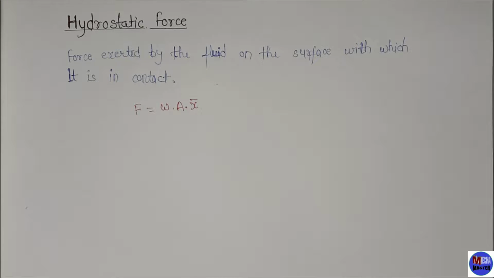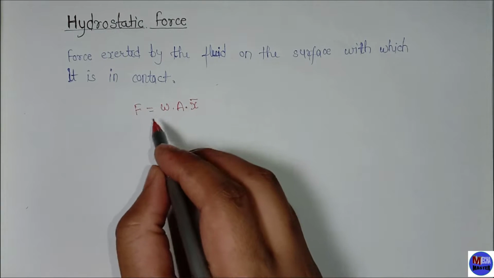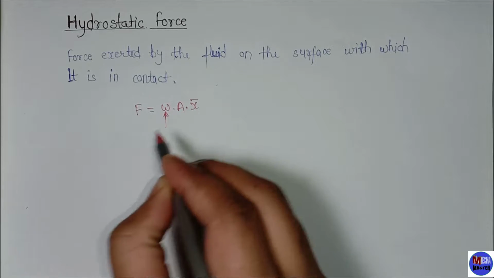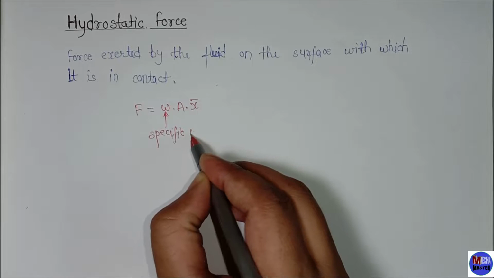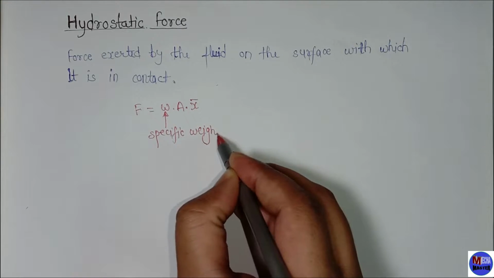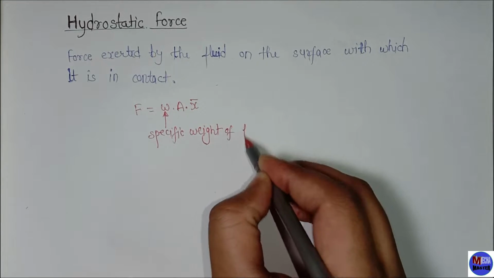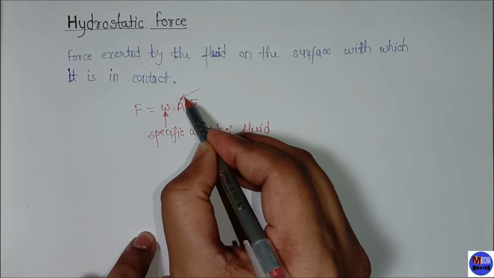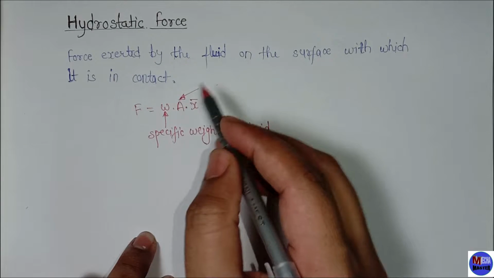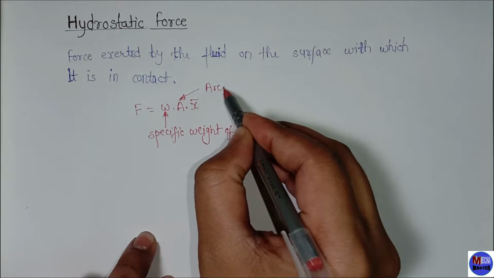is a specific weight of fluid. A is equals to area of surface.